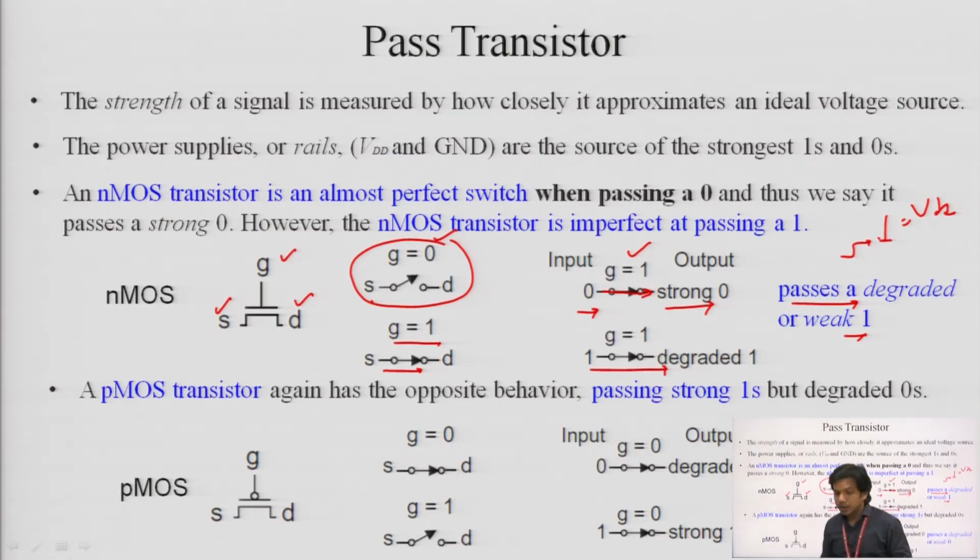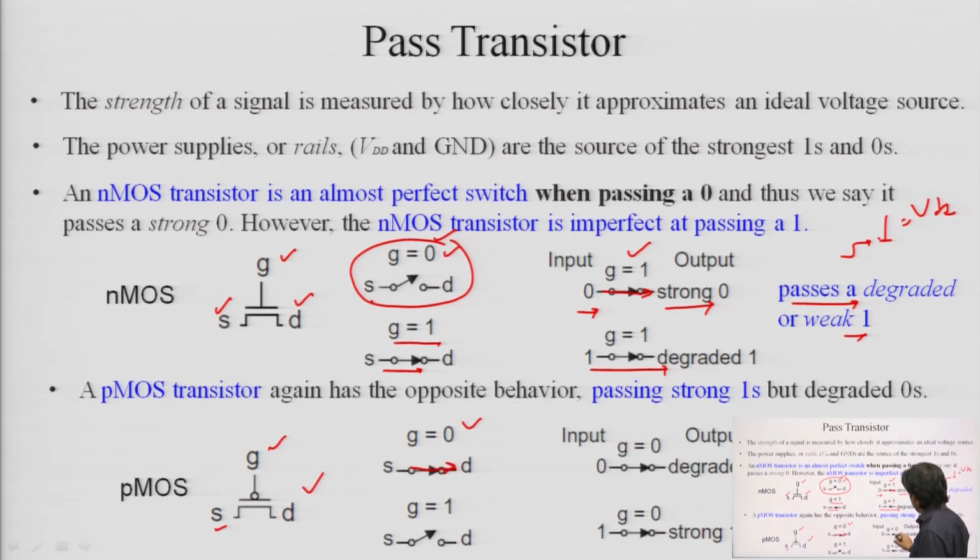Similarly, you can understand it for the PMOS, where we have a source, gate and drain. Again the same switching phenomena you can see for the PMOS condition. In the NMOS condition, when G is equal to 0, the switch is off, but in the case of PMOS, when G is equal to 0, the switch is in on condition.